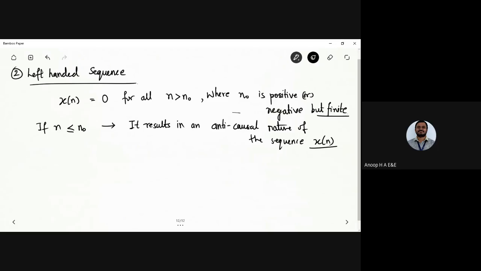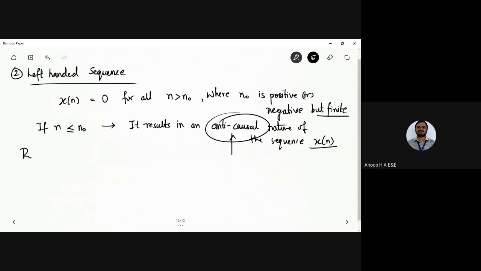So x of n is said to be anti-causal in nature, so it is non-causal in nature. x of n will be zero for all n greater than n naught, where n naught is either positive or negative but finite. So if n is less than or equal to n naught, it results in a non-causal sequence, that is x of n. So x of n is said to be non-causal in nature.